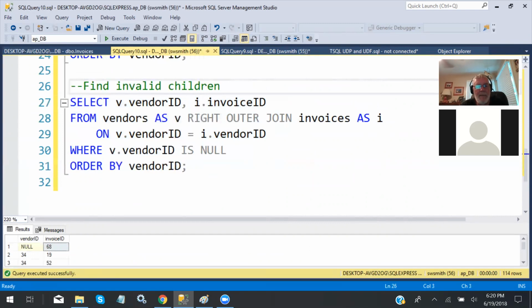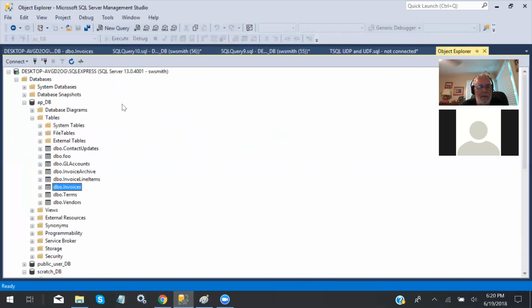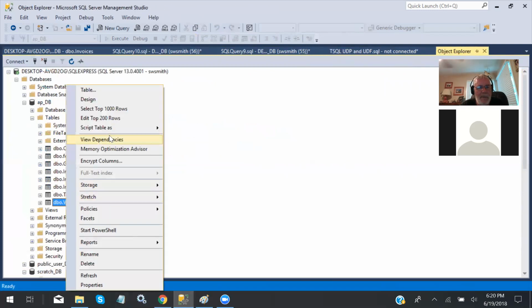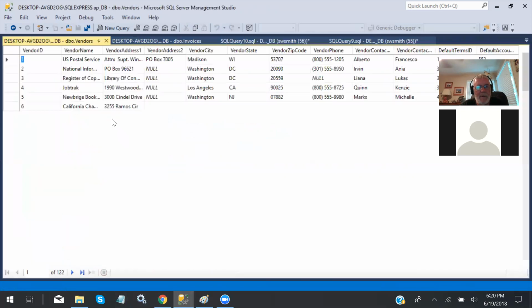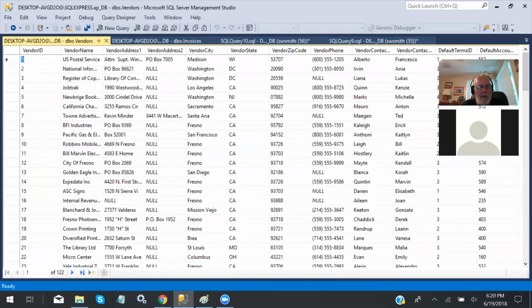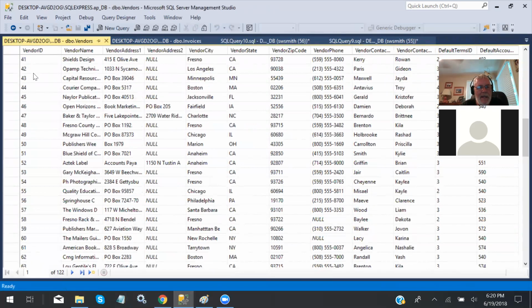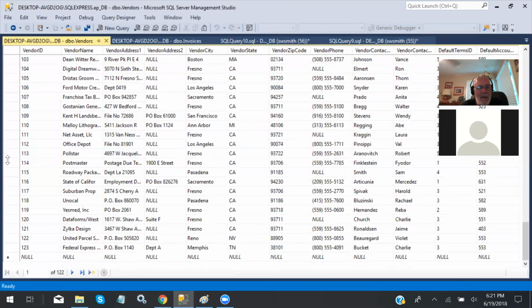The 999 was put in by design when there is no vendor ID. If I were to go over to my Object Explorer, look into the vendors table, edit the top 200 rows, and look for a vendor ID of 999, I can look. The biggest one I've got is 123.